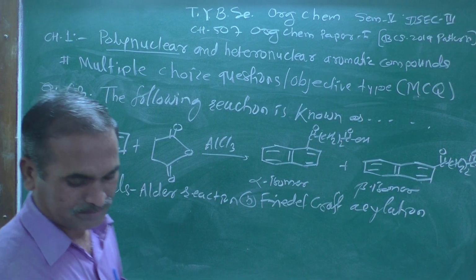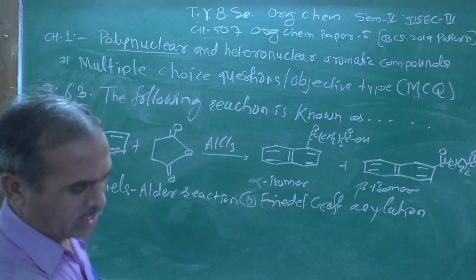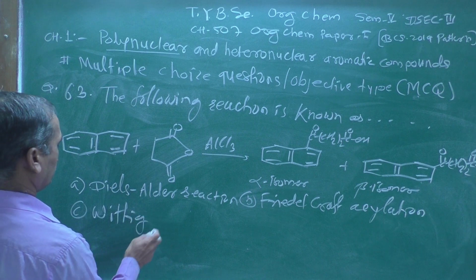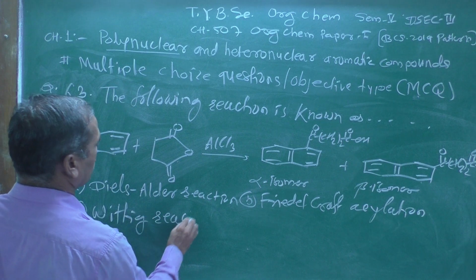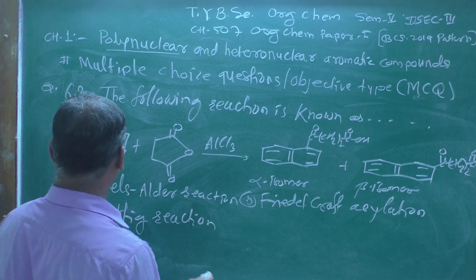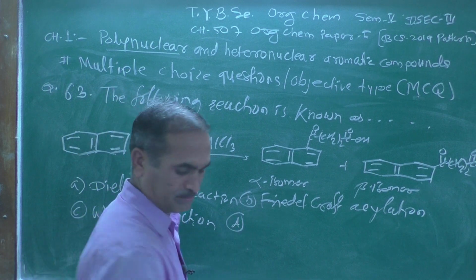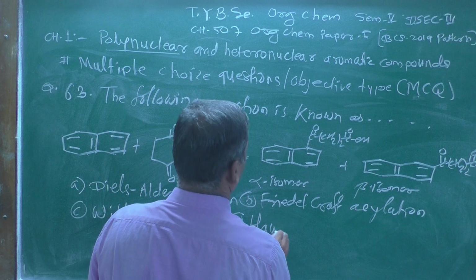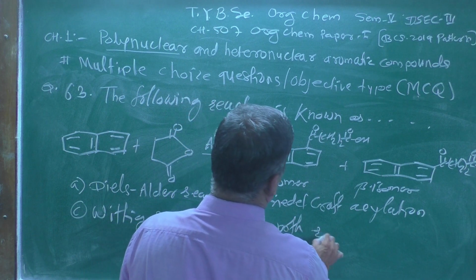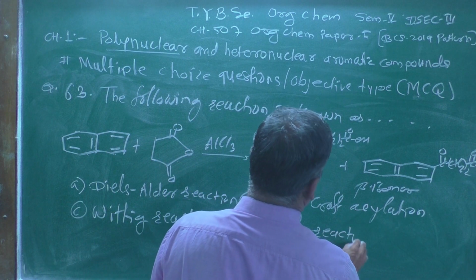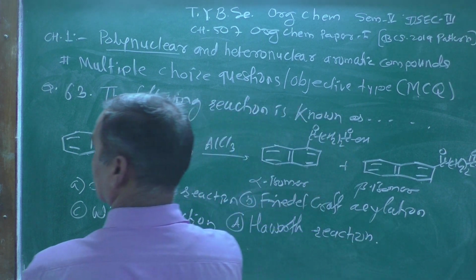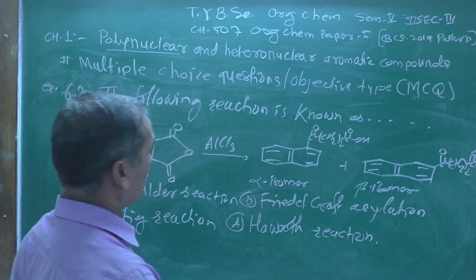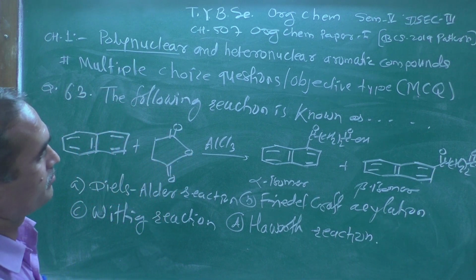C would be the Wittig reaction, and D would be the Haworth reaction. So these are the options given.